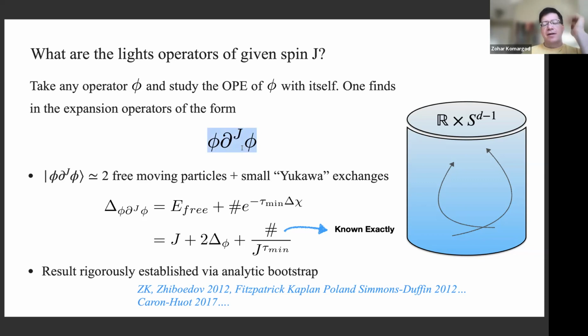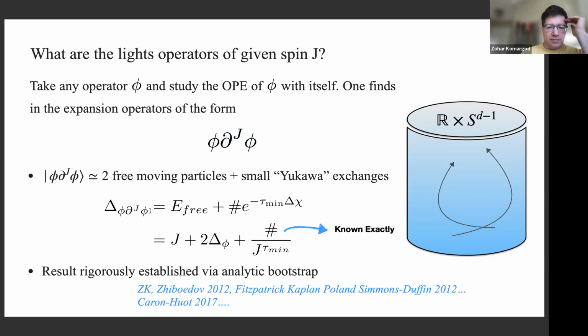Sometimes people call it asymptotic freedom at large angular momentum, or asymptotic freedom at small angular separation. In QCD, we have asymptotic freedom at large energies or small distances. Here we have asymptotic freedom at small angles, you could say. So operators with lots of derivatives receive very little correction to their scaling dimension.